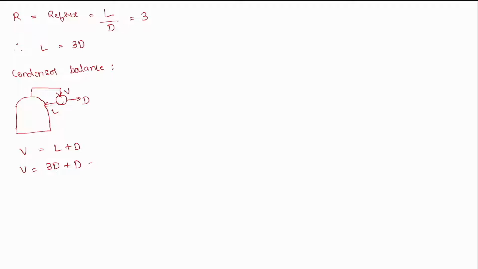It is given that the liquid L is equal to 3D. So we can substitute it and write V is equal to 3D plus D, which is 4D. They have given that the feed is 25% liquid and 75% vapor, so Q is equal to 0.25.